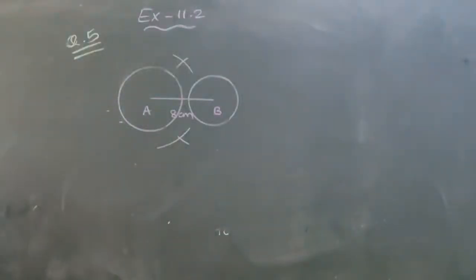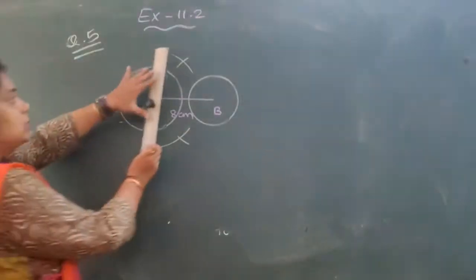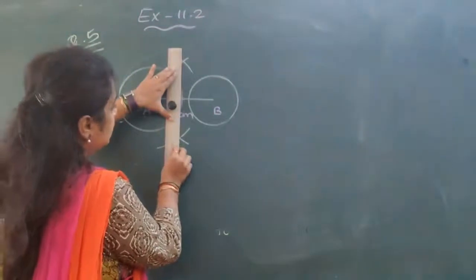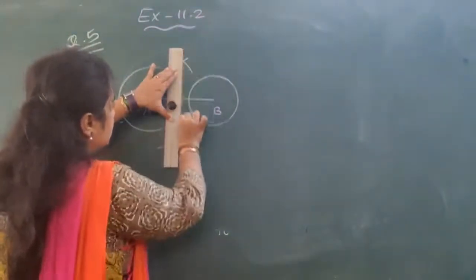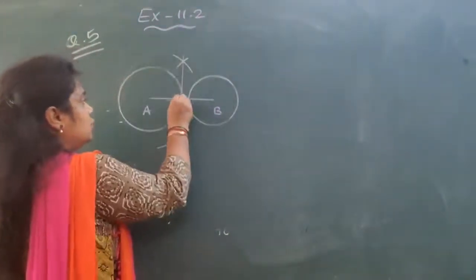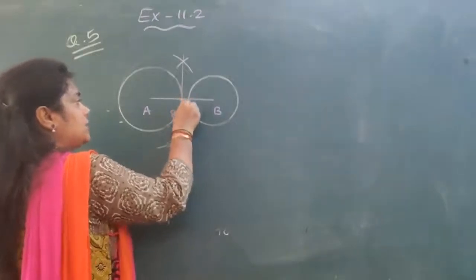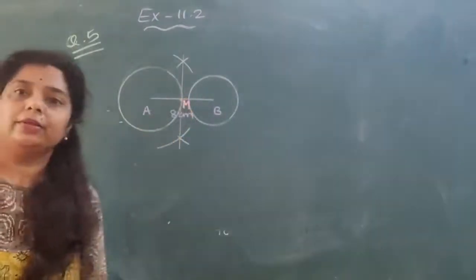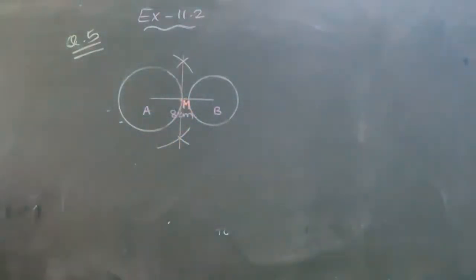Okay, so let's join this to get a midpoint. So as we join, this point is M, which is the midpoint. Now what is next?